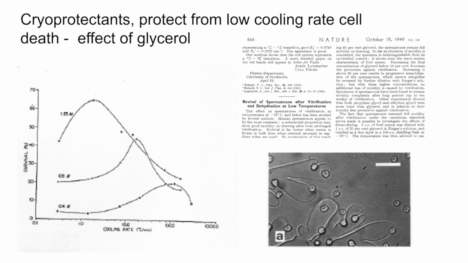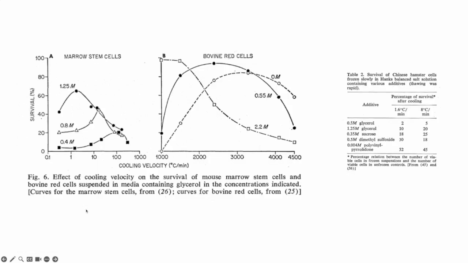You've replaced part of the water by glycerol, and now, when there is mass transfer, you don't have any more high concentration of solids. And so the mechanism of cryoprotection occurs with low cooling rates. This is the region in which cryoprotection works. And again, different cells have different optimal temperatures.